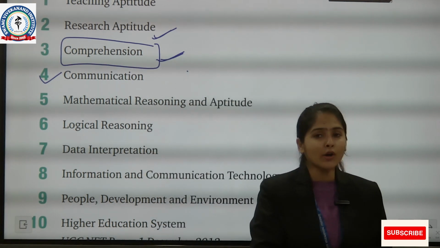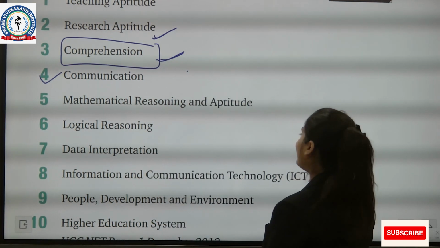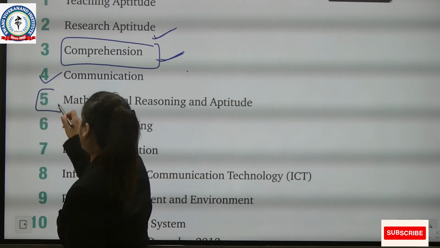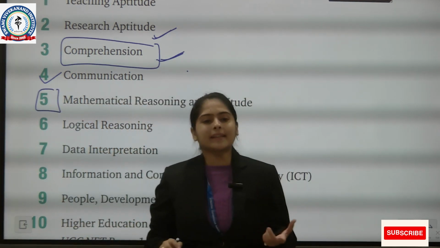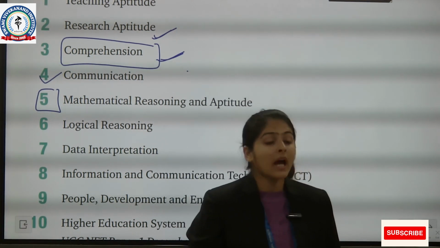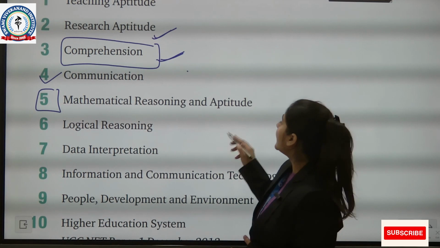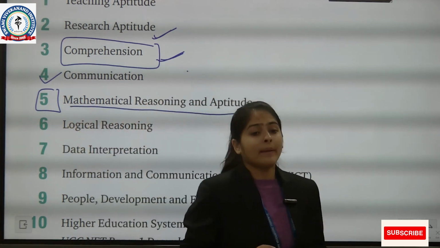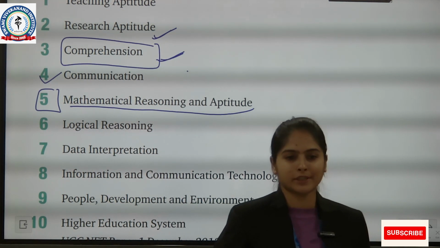Okay, now come to the part mathematical reasoning and aptitude. Many students are afraid of this unit and think that we should just leave it while preparing. I will tell you, this unit seems difficult, but in actual it is not, because they ask you very simple questions from mathematics.